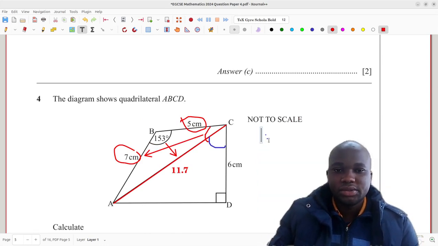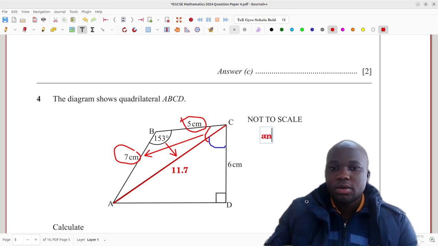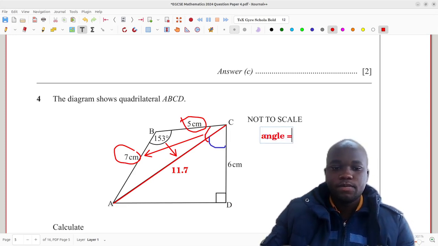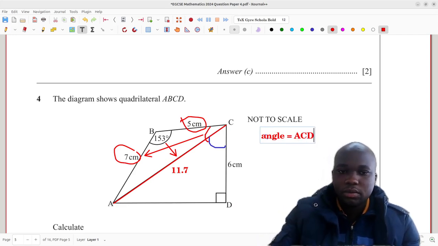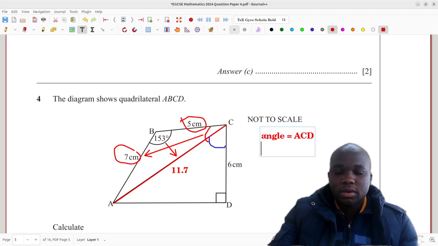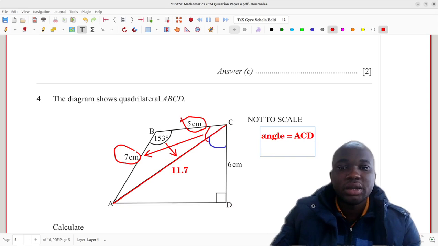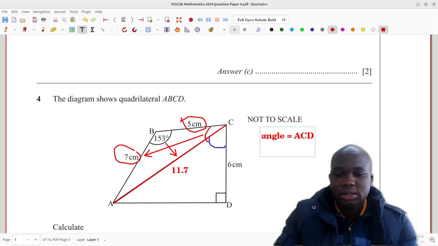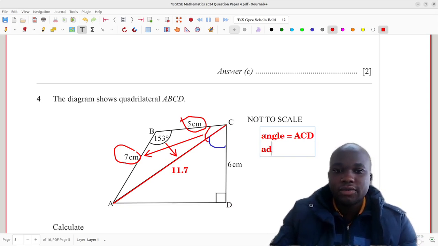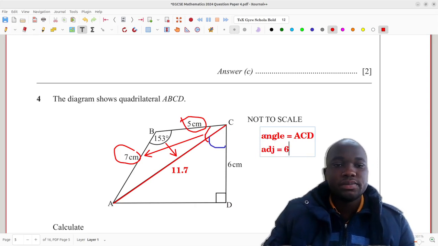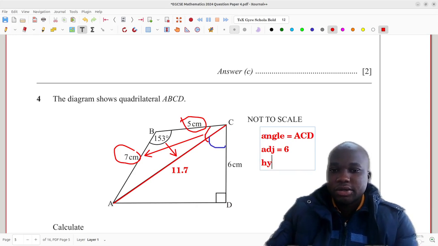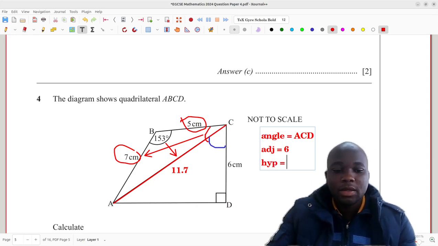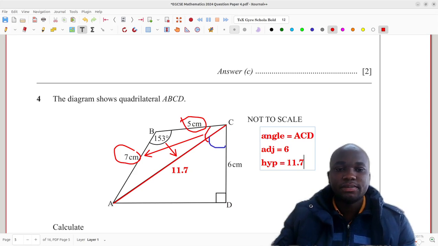What does it say? The angle is ACD, and opposite to that angle is AD, and we have got nothing to do with AD. Adjacent is 6, so we have an adjacent side, which is 6. The next side is the hypotenuse, that's 11.7.